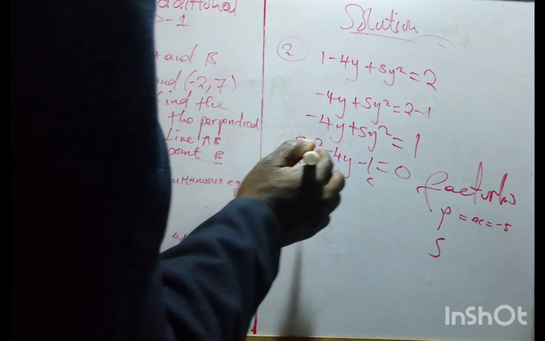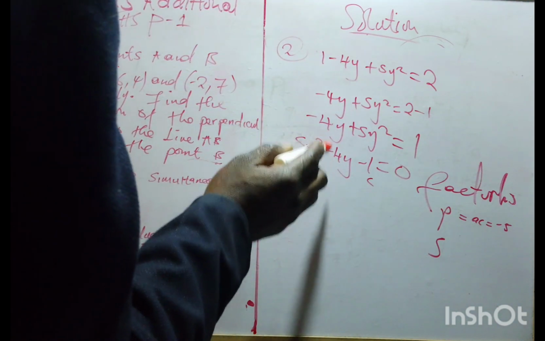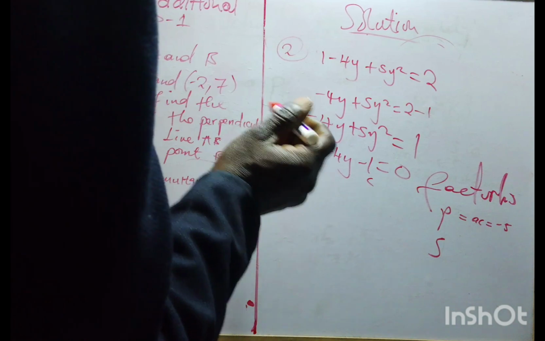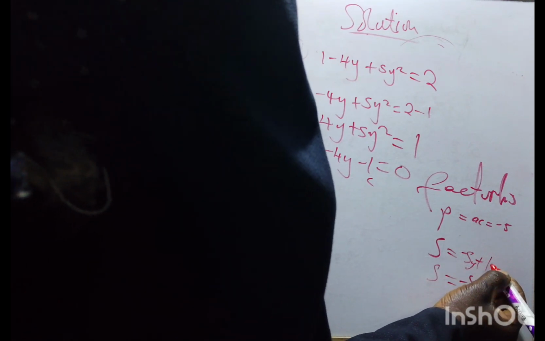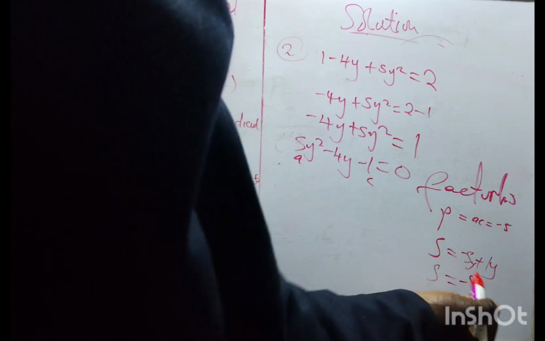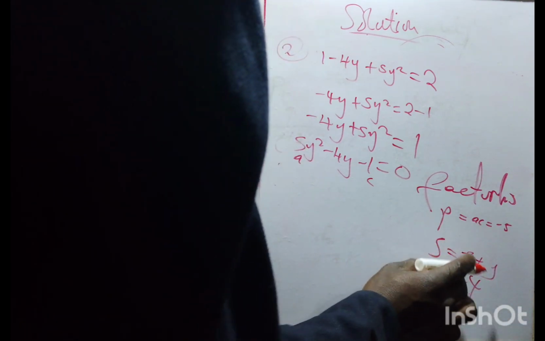For the sum, you must find two numbers that give us negative 4, and those numbers are minus 5 plus 1, which gives us a sum of minus 4. Here you should introduce y and y, and we can't write 1y, so we only say minus 5y plus y.